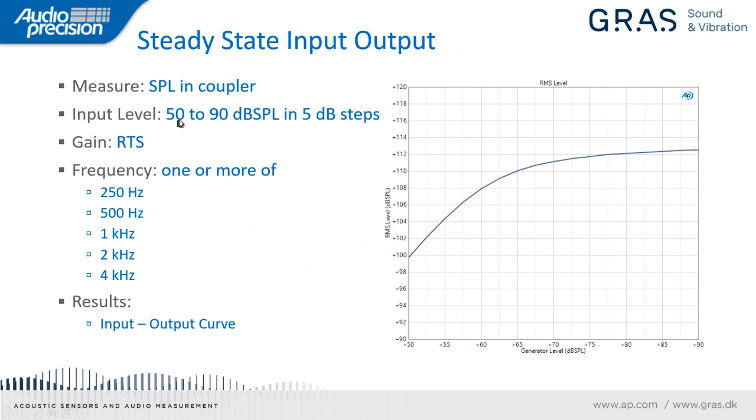We step the level in 5 dB steps from 50 to 90 dBSPL, and we measure the input-output curve as shown here. For hearing aids with automatic gain control, you can see that we have a linear response from about 50 to maybe 57 dBSPL, kind of a straight line, and then it begins to roll off as the automatic gain control circuit cuts in.